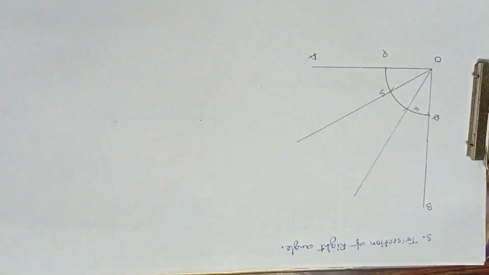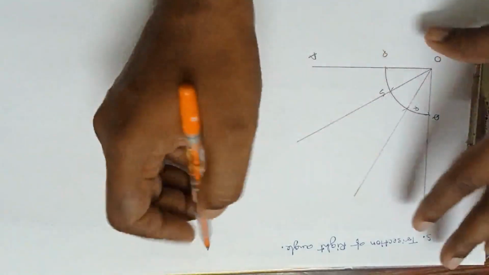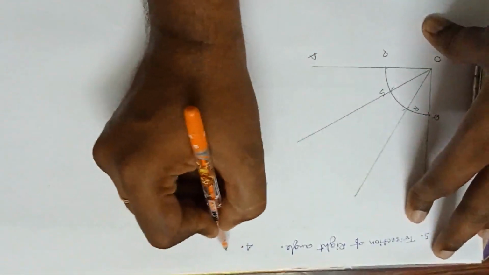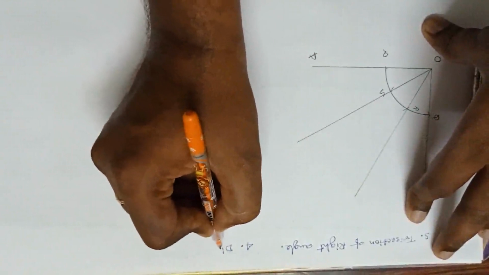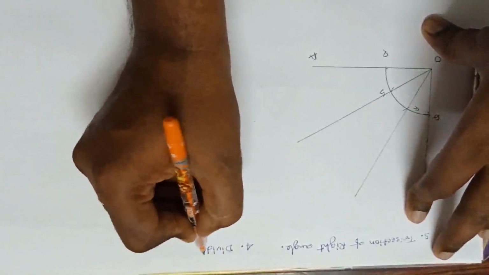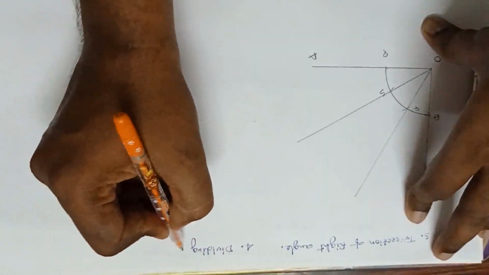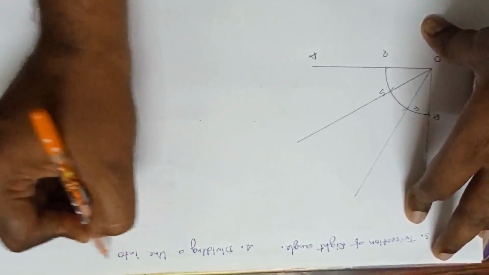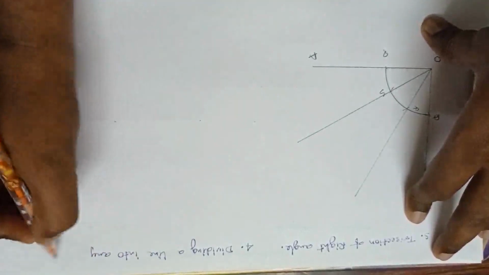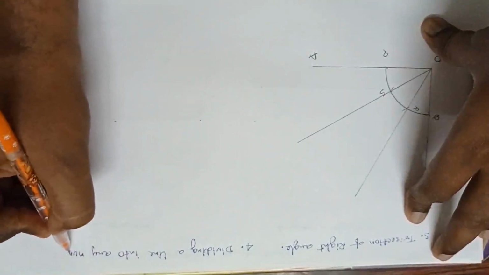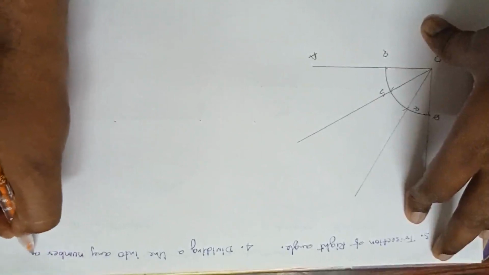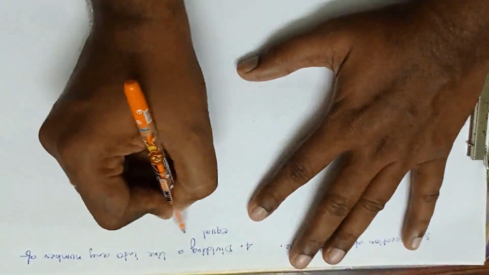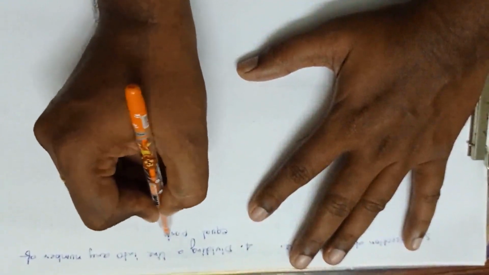Done. Let us come to the next one. Fourth point: dividing a line into any number of equal parts.